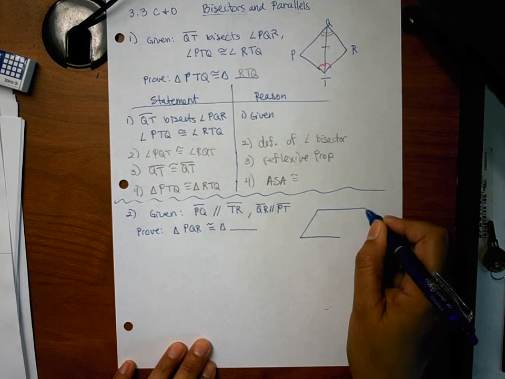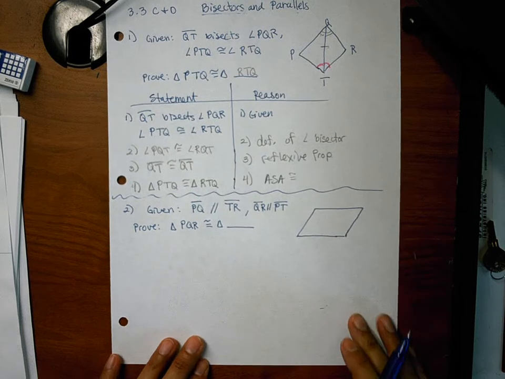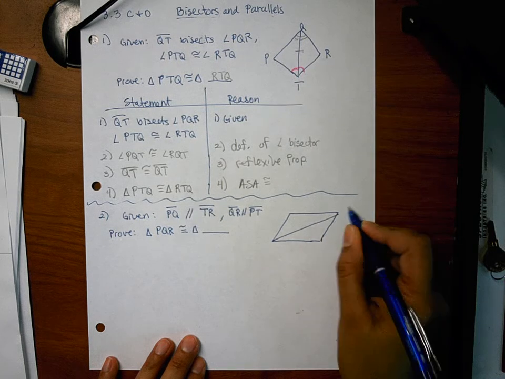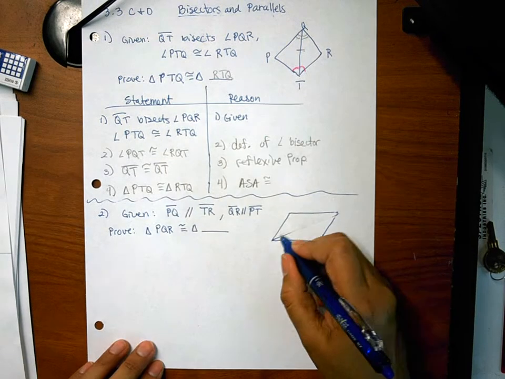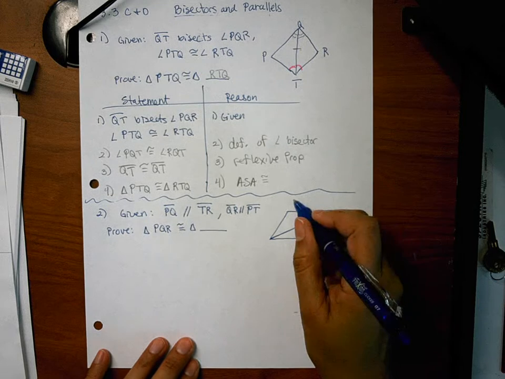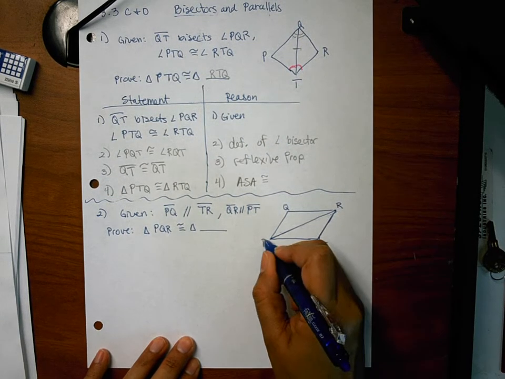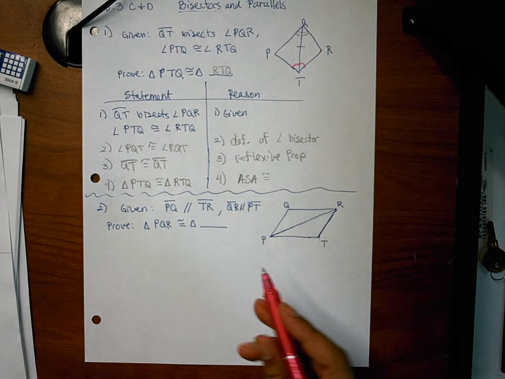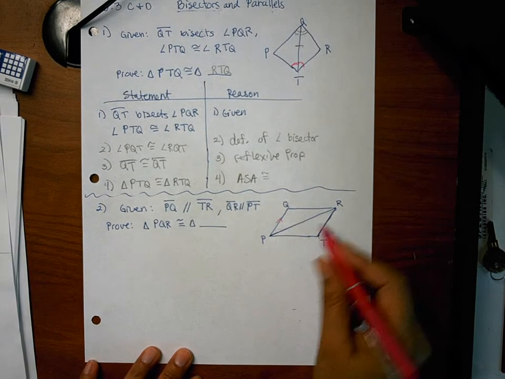All right, let's get our image. I'm going to draw over here a parallelogram-looking quadrilateral. And I'm going to draw a diagonal across this way. And we're going to go ahead and label Q, R, T, P. All right, what is the given information?